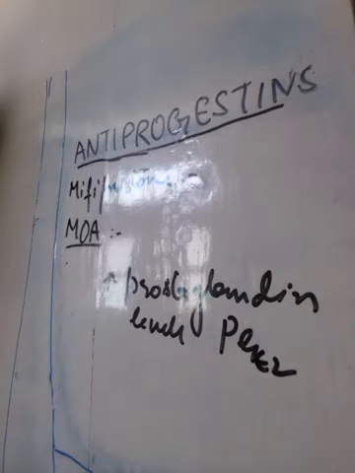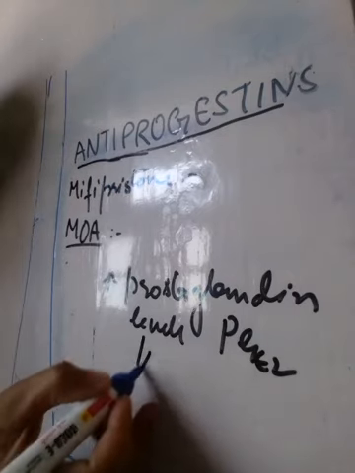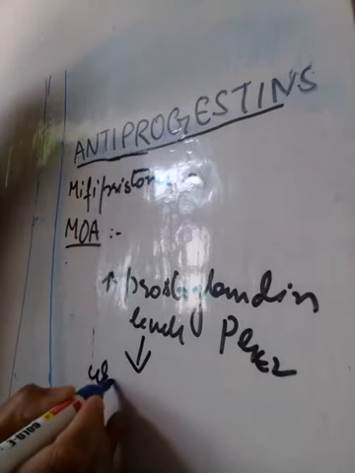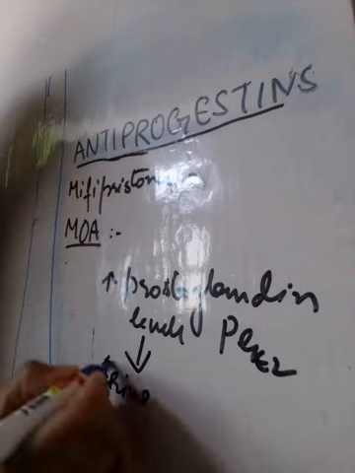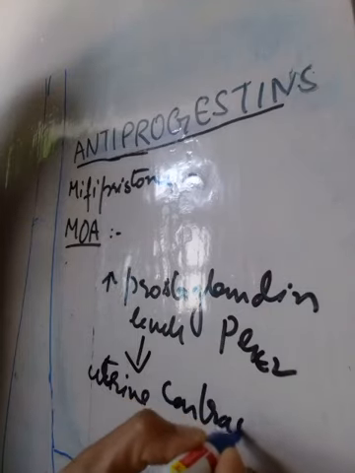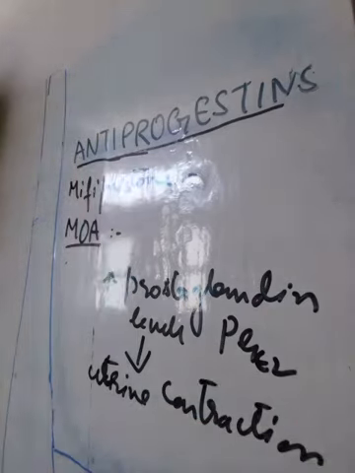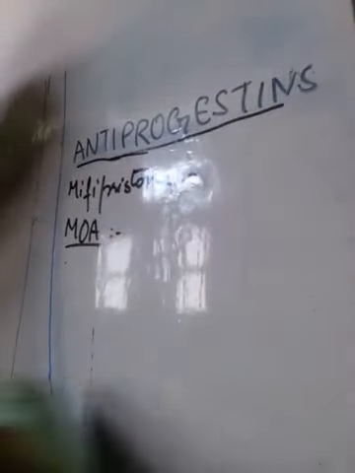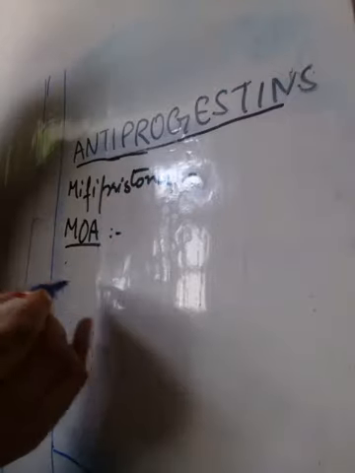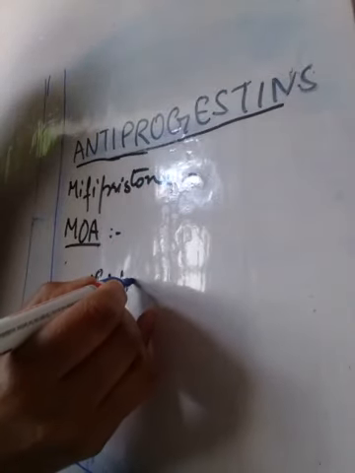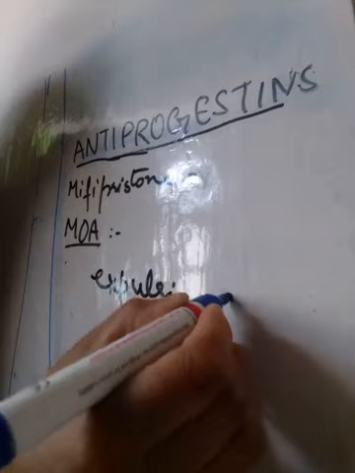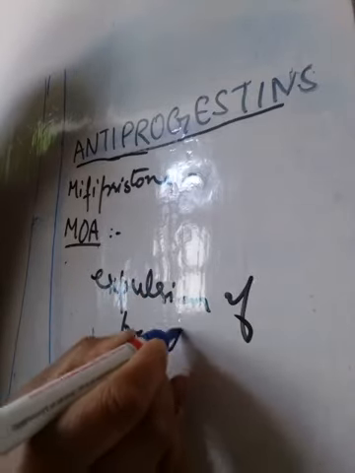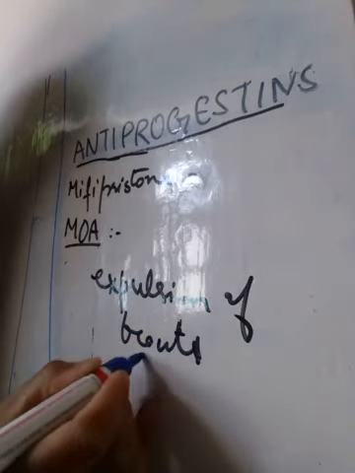This increase in PGE2 causes uterine contractions. This increased uterine contractions facilitate the expulsion of fetus, which leads to the abortion.